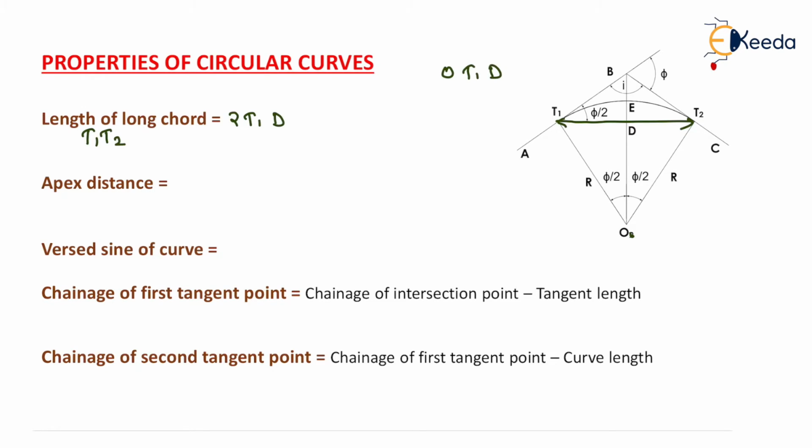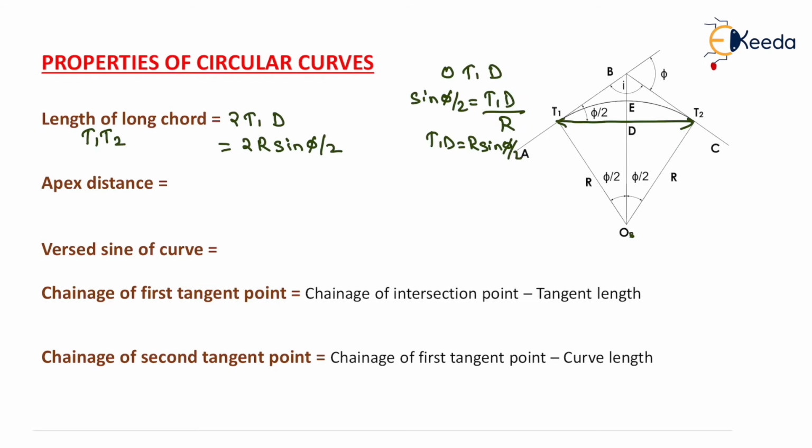Now in triangle OT1D, sin phi by 2 will be equal to perpendicular upon hypotenuse, so it will be equal to T1D upon hypotenuse, whose value is R. So T1D value will be equal to R sin phi by 2. So 2 times T1D will be equal to 2R sin phi by 2. That will be the length of long chord.